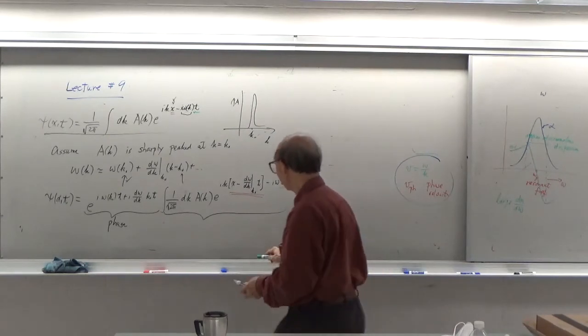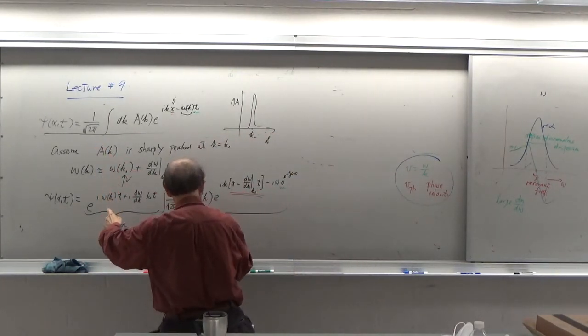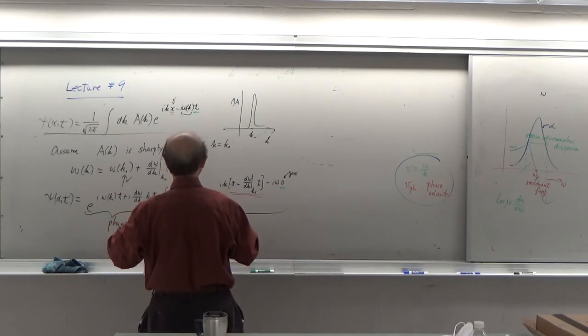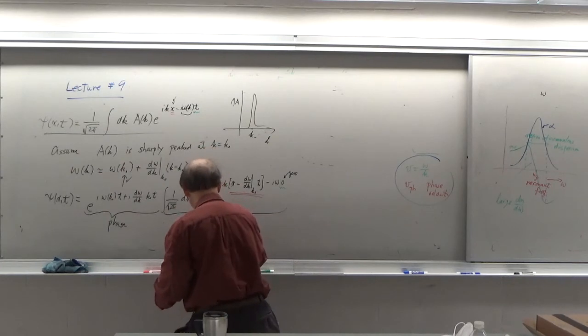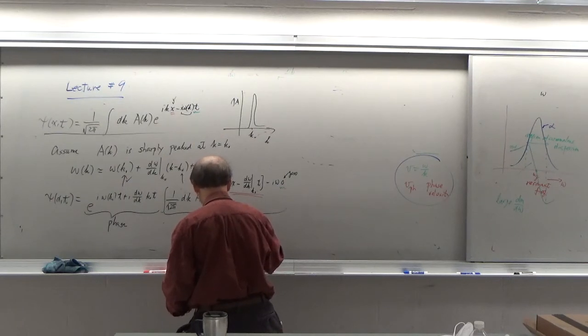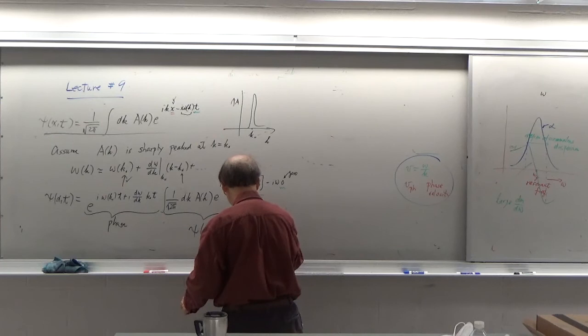That means this is nothing but the wave function at, instead of location x, now location x minus d omega by dk times t, and at the time 0.